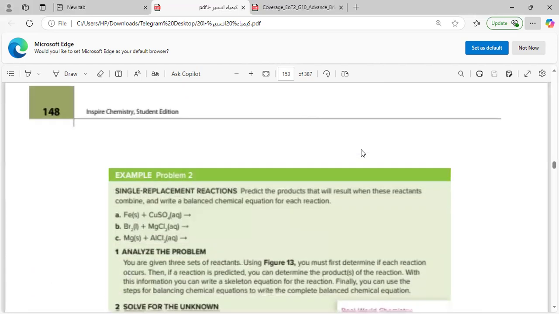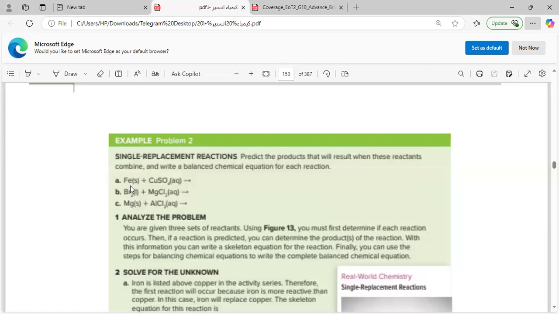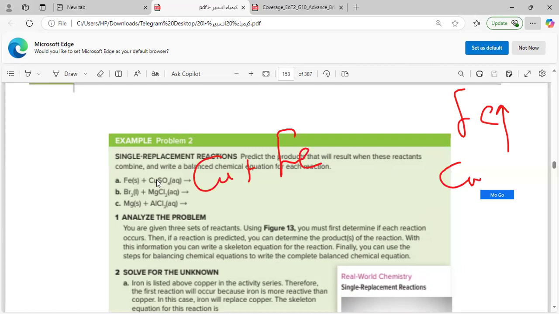Let's see. Here the iron is with the copper. If we write copper plus iron, the iron is more reactive than copper. So the iron can take the place of the copper.